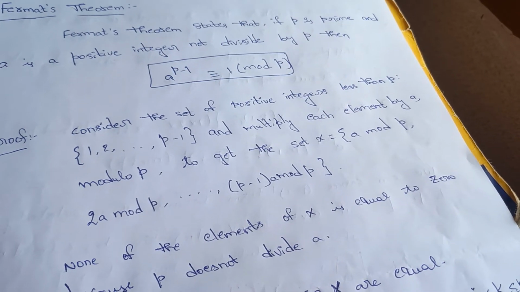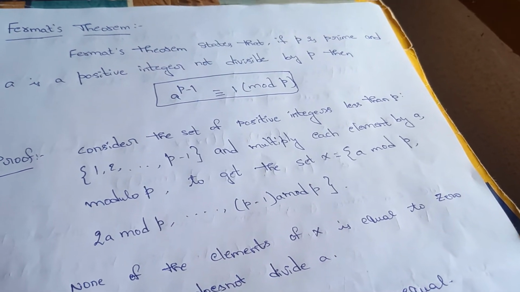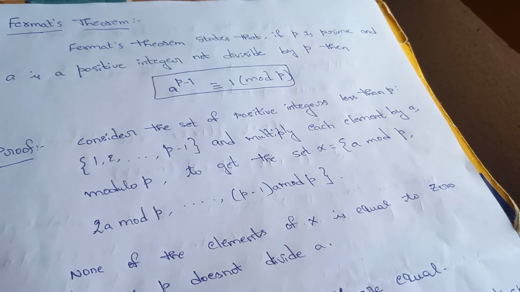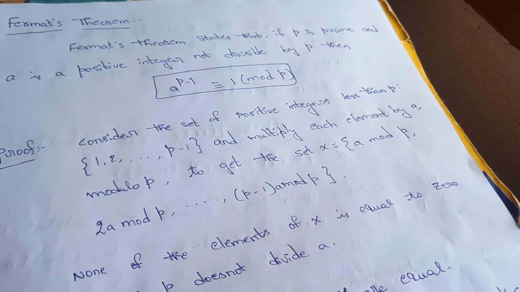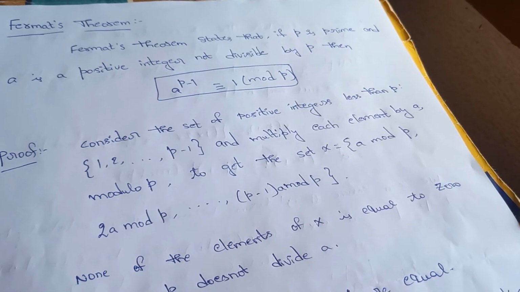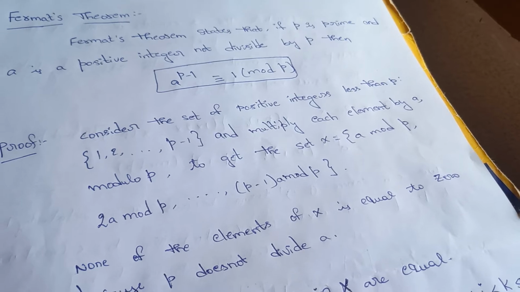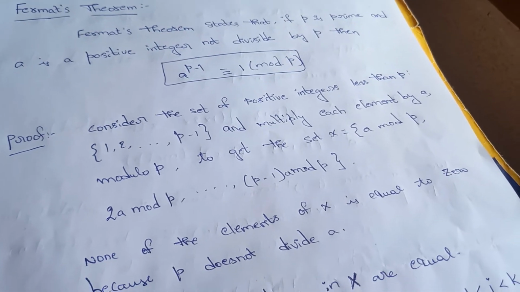Let's see what relatively prime is. If you consider two integers a, b, and GCD of a comma b is equal to 1, then we can say that a and b are relatively prime numbers.